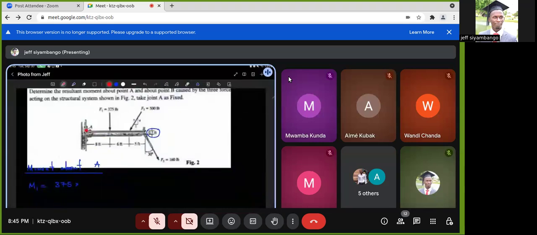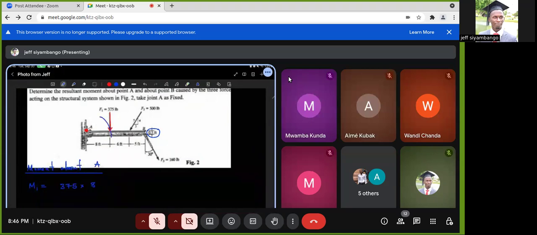So if A is at the top, F1 comes like this, or for F1, we see that there's no change. The distance will be this. So for this one, there is no change. We're going to multiply with that distance, 8 feet. I'm leaving out the units here. I only include the units at the very end when you're getting the answer.